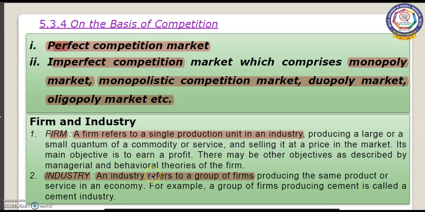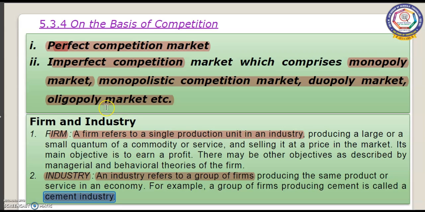So if you take an industry, a refrigerator may be produced. So producing the same product or service in an economy, for example, a group of firms producing cement is called the cement industry. In the same way, textiles you can take, electronics you can take. So the same product will be produced.